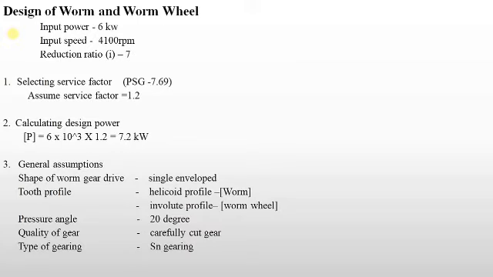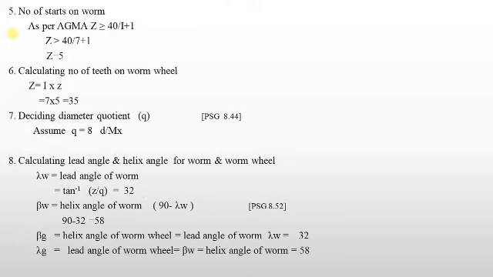Step 4. Deciding the number of starts on the worm. That is z1 is equal to 40 upon i plus 1, and i is equal to 7. Now z1 is greater than or equal to 5. Step 5. Calculating the number of teeth on the worm wheel.